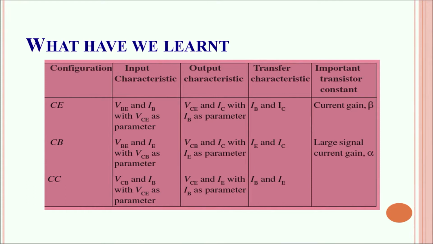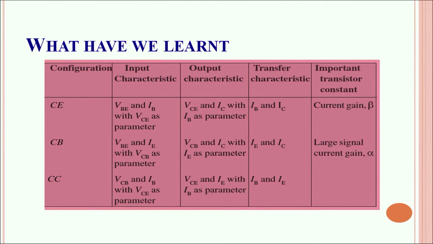The output characteristics for the common emitter configuration are the collector emitter voltage and the collector current. Over here, we get a large current gain, correspondingly we get a large voltage gain as well as a large power gain. This particular configuration is suited for a number of practical applications.